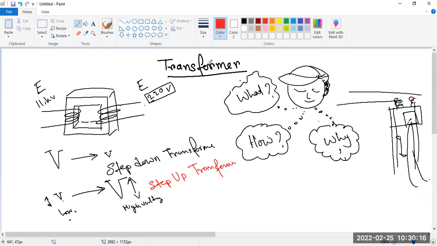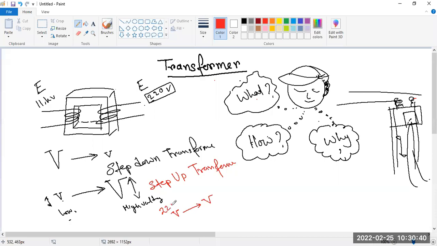So from this definition, we can get that if we apply some voltage, then the transformer may be step up, step down, or sometimes it keeps the same voltage level.